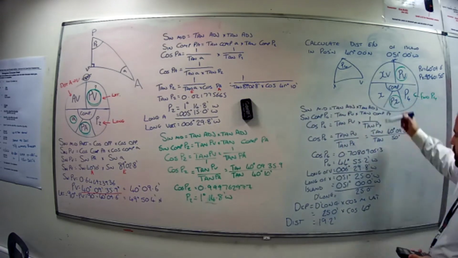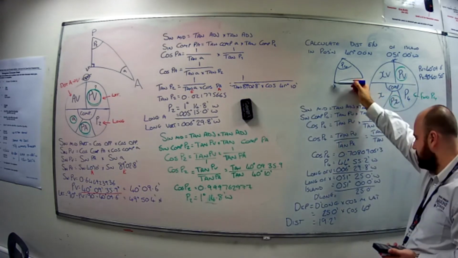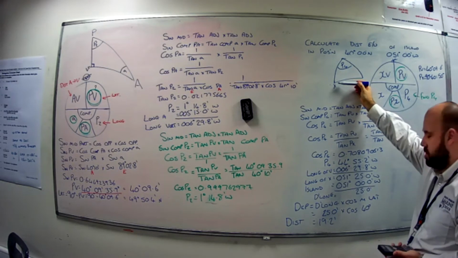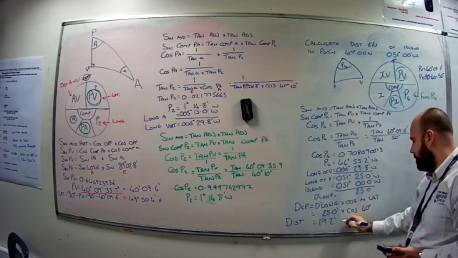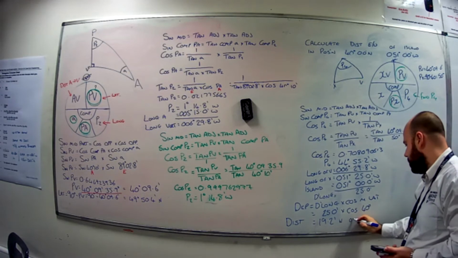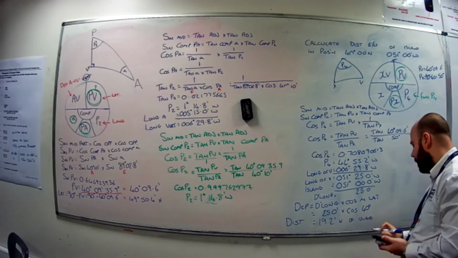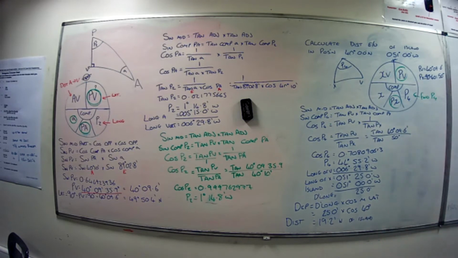Point X, where we were, was 51.25 west. The island was at 51 west. So it's less west than us. Less west is more east. So we pass 19.2 miles west of the island. And that's all it is.